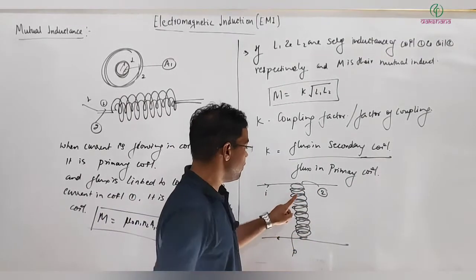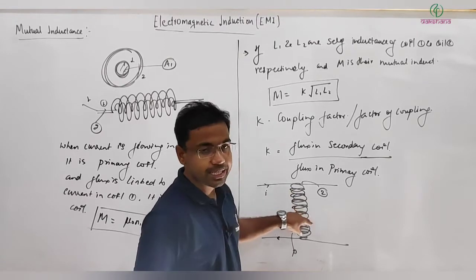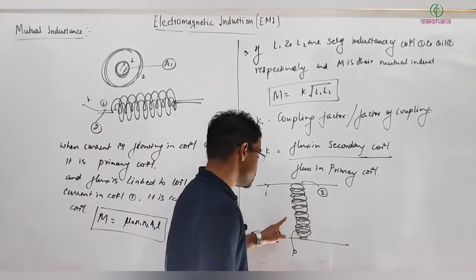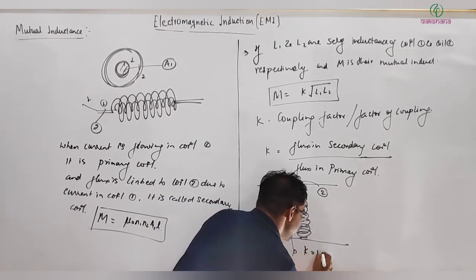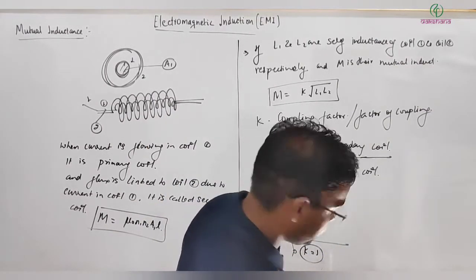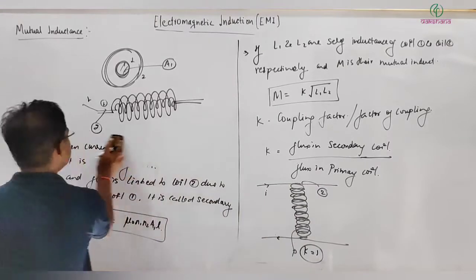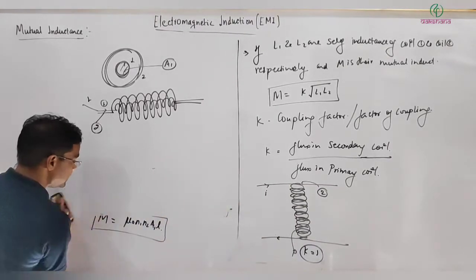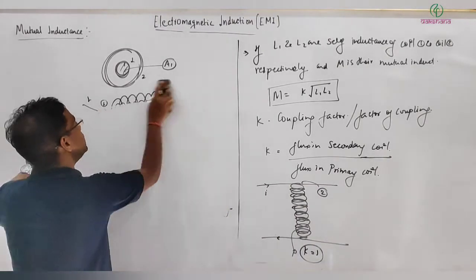In this situation, the flux linked in coil 1 will be exactly equal to the flux linked in coil 2, so K will be exactly 1. The coupling factor is 1 when the flux linked in both coils is equal.